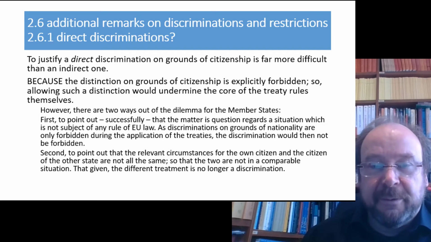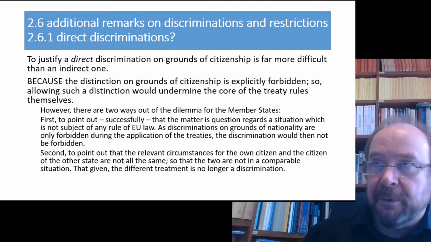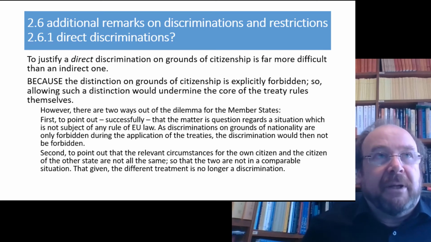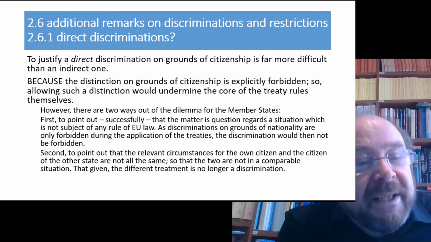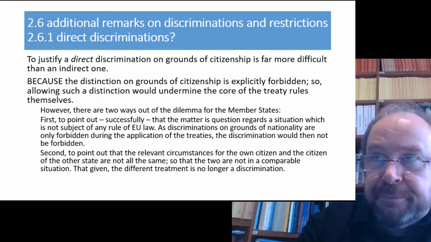So if you legislate on something which has nothing to do with EU law, you can still do whatever you want. For example, EU law applies to elections for local councils, but not for national elections.